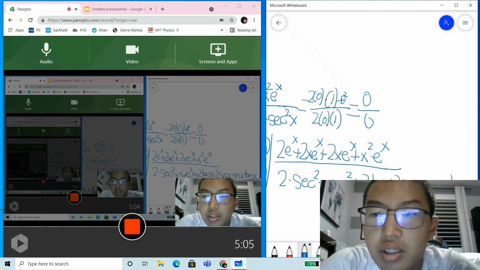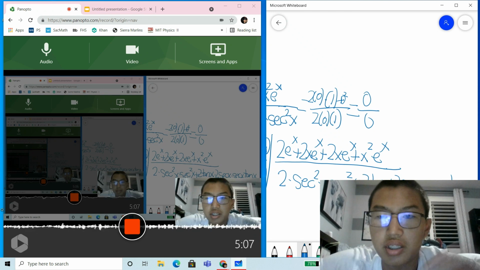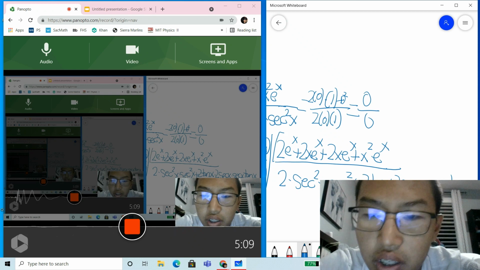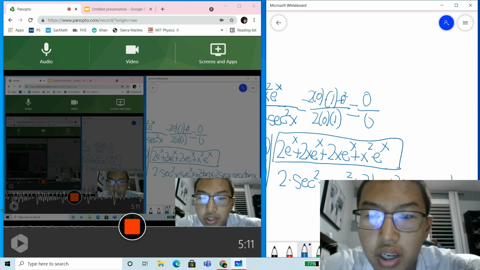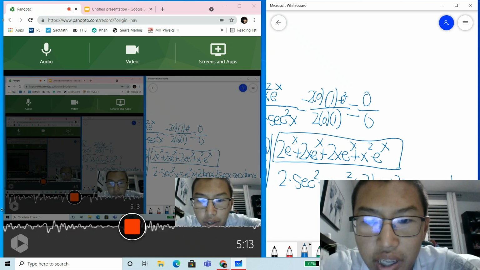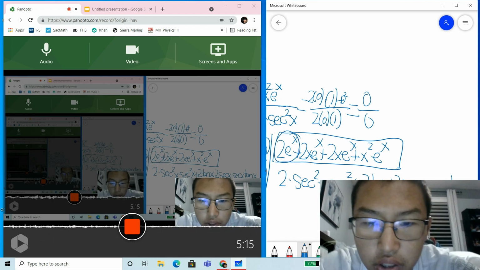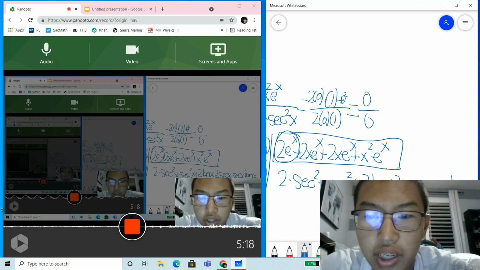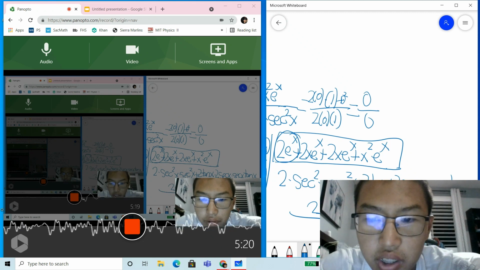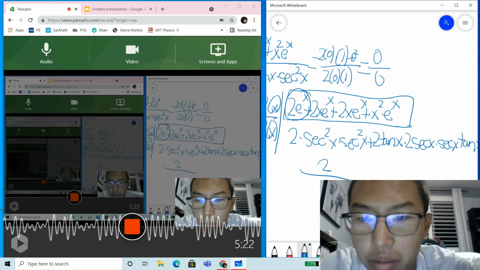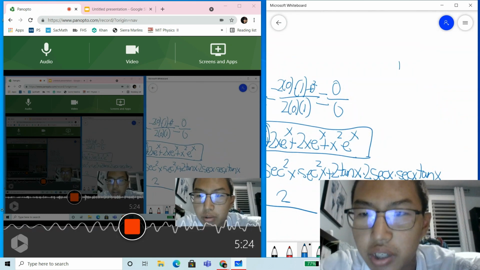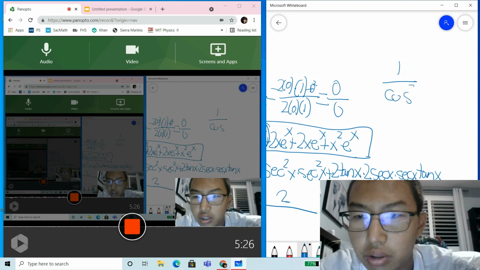Now, I know this is getting to be a mess, but you don't really have to simplify it, because look what we have on top. I plug in 0 for x, only the first term, 2e to the x, will get me a 2. Everything else is just 0. And at the bottom, remember secant squared x is 1 over cosine squared x.